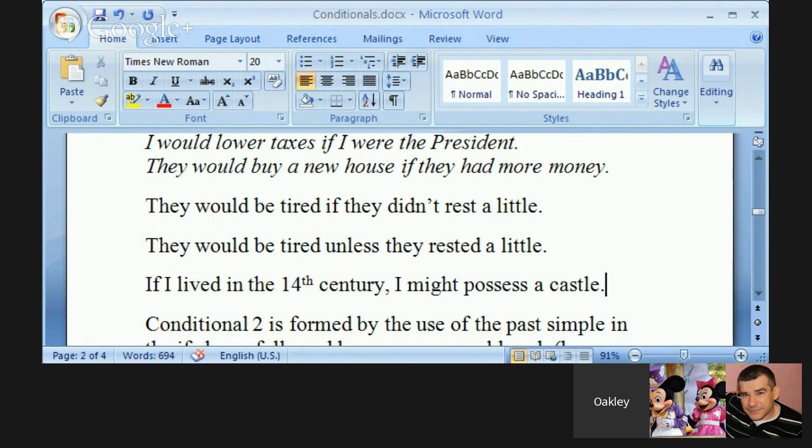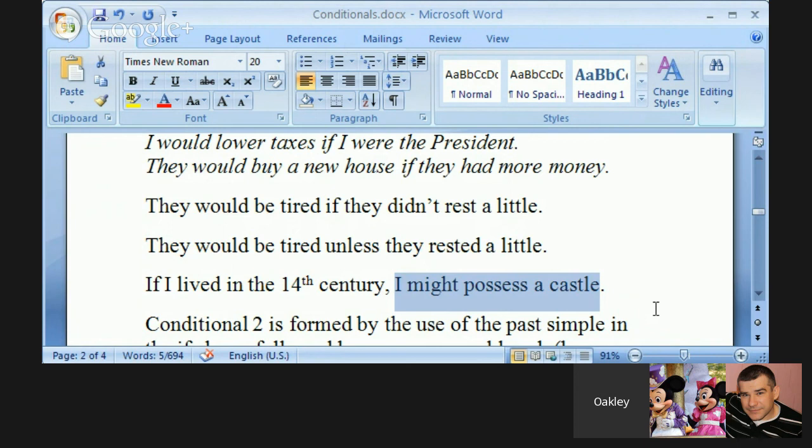Okay, indeed you might, if you were a knight. Clearly, totally a hypothetical statement here. If I lived in the 14th century, obviously Adam does not, nor is he likely to anytime in the future. So, very obviously, hypothetical, imaginary condition. He might possess a castle. But of course, in reality, we know there's no chance of that. But this is correct.